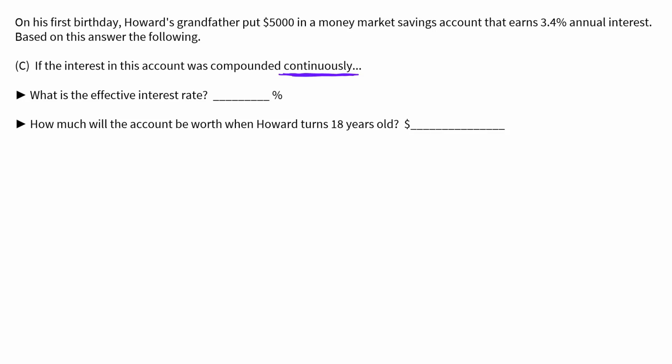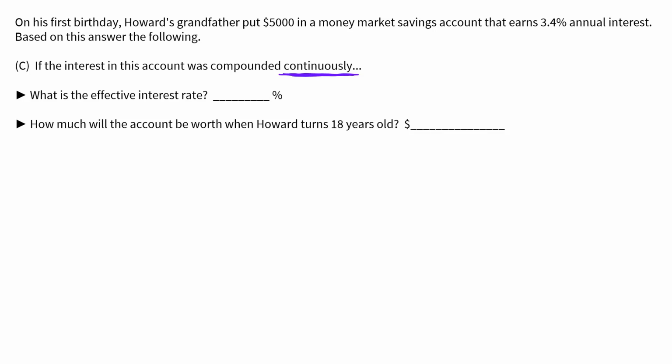Compounding continuously is really a situation that's not feasible to happen. It means that if we were looking at the regular compounding formula, we would be taking that interest rate of 3.4%, dividing it into an infinite number of infinitely small pieces, and then applying it an infinite number of times. You really can't do that.